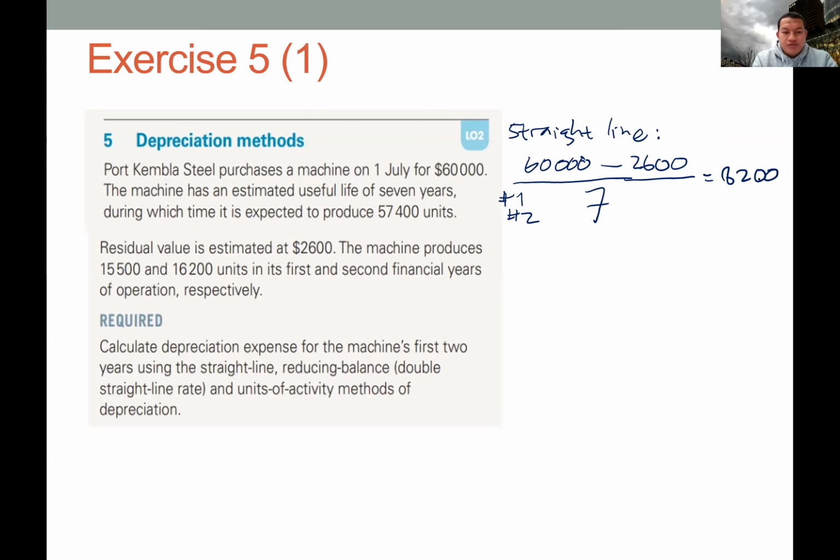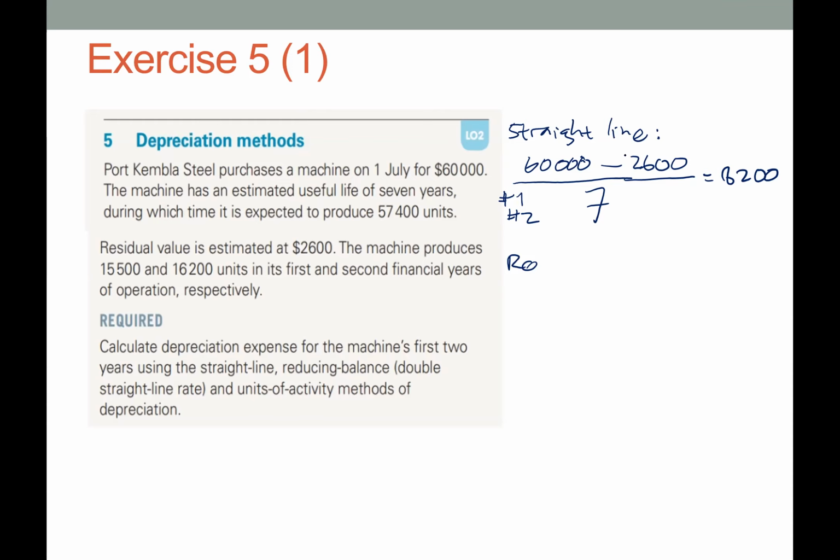And for the first 2 years, it's 16,400. Which one, using the straight line method? I think it should be the same, right? But because it says for the first 2 years, is it just because most years would be the same?